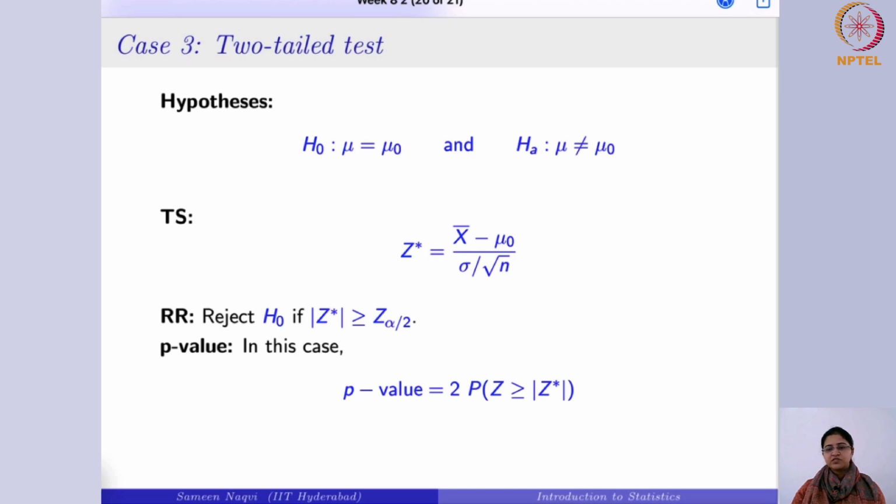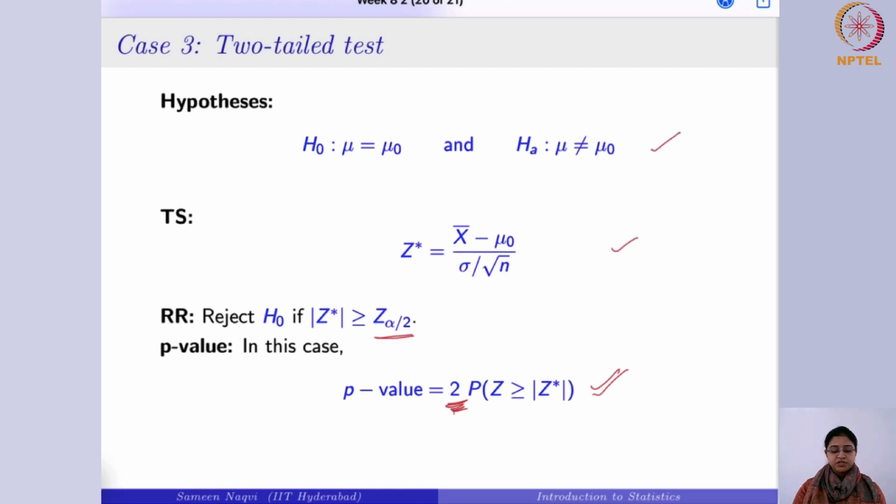Now, why do we have this 2 written over here? This 2 accounts for extremes in both directions, because the extreme values can happen in the left tail and also in the right tail, because it is a two-tailed test. So in this case, we have this 2 coming into the picture and we check the probability that z is greater than or equal to mod of z star.